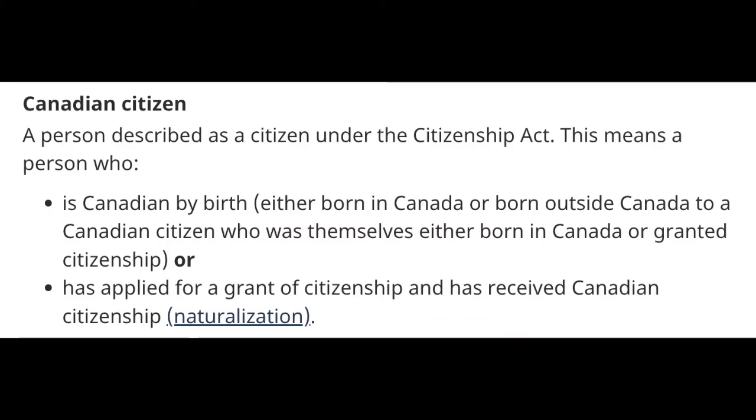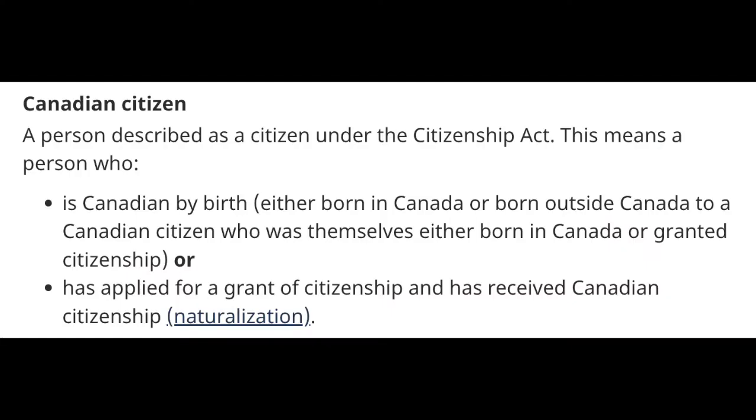So to start, let's go over quickly, and hopefully this isn't too boring, the definition of a Canadian citizen. A Canadian citizen is essentially someone that is described as a citizen under the Citizenship Act.